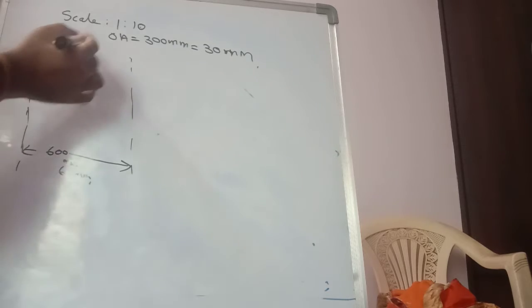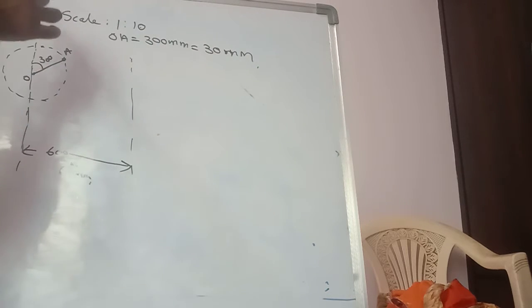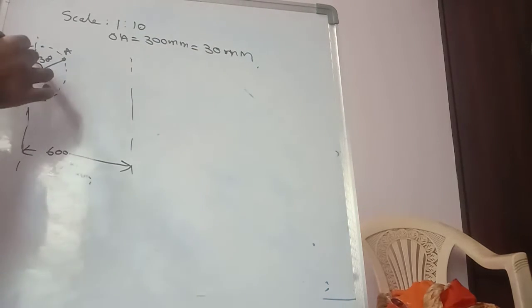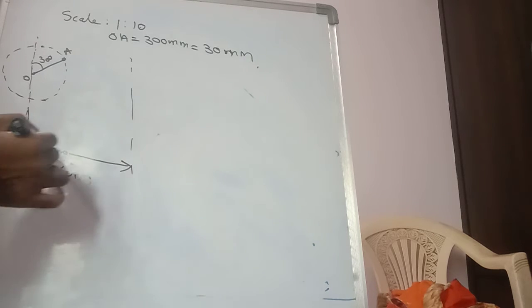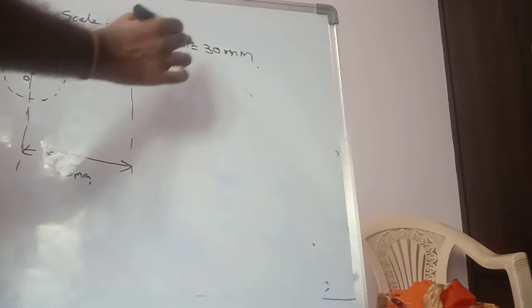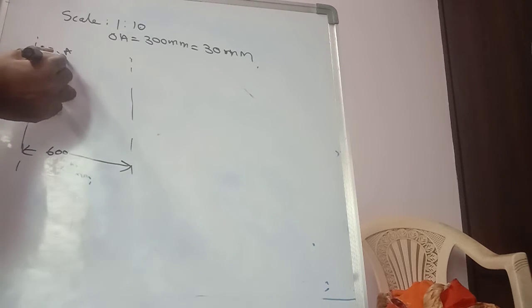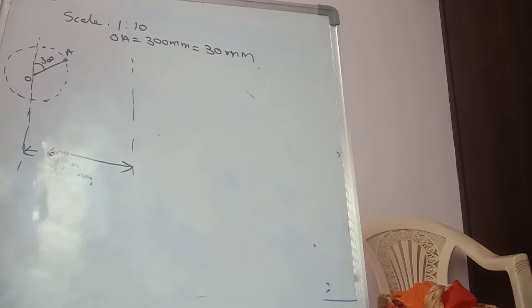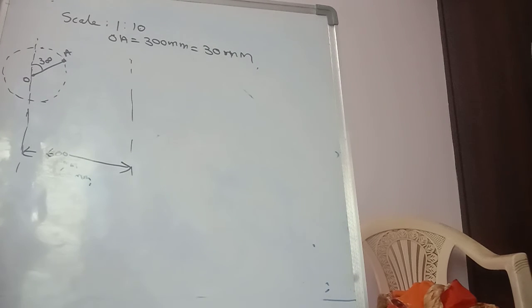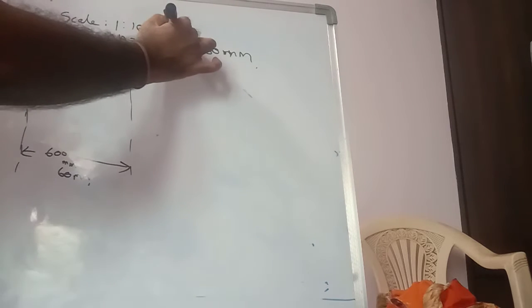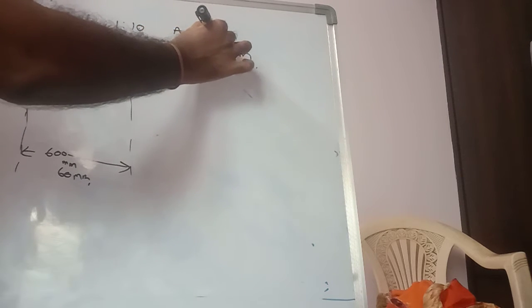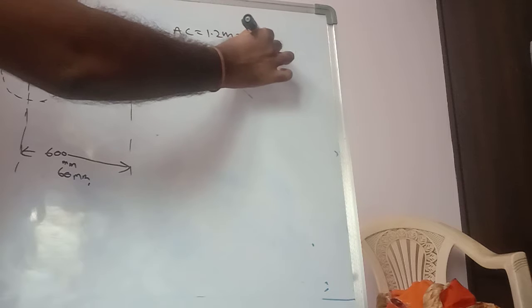So we have to draw a line OA of 30 mm, and we have to draw two vertical lines. The distance is actually 600 mm, but we draw 60 mm because of the scale 1:10. Now, A as center. In the problem AB is given as 600 mm, AC is 1.2 meters, which is 1200 mm.